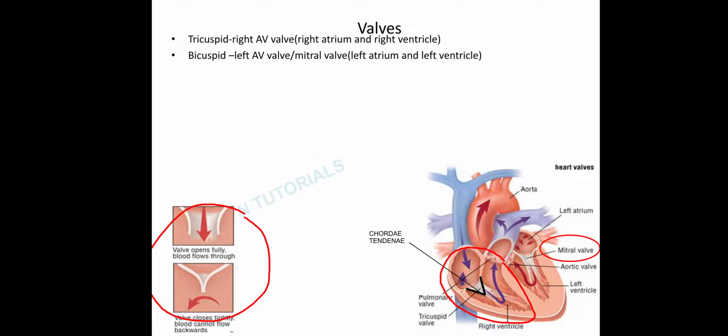When the atrial chamber contracts, the valve opens. And when this valve opens, the blood from the right atrium enters the right ventricle. Now your right ventricles are filled with the blood. So what will happen? The atrioventricular valve or the tricuspid valve has to close.